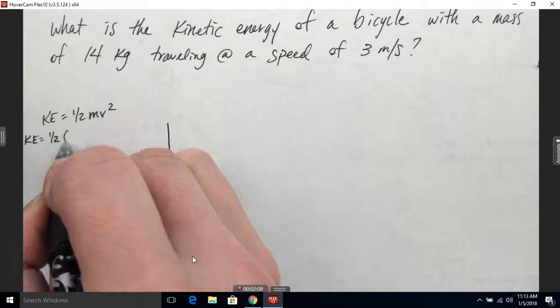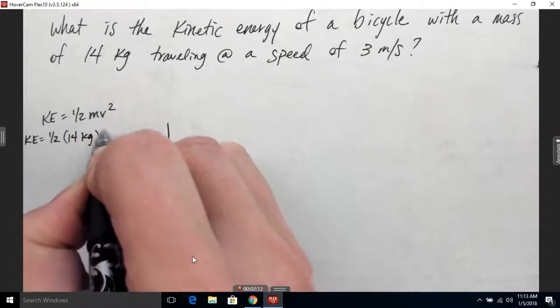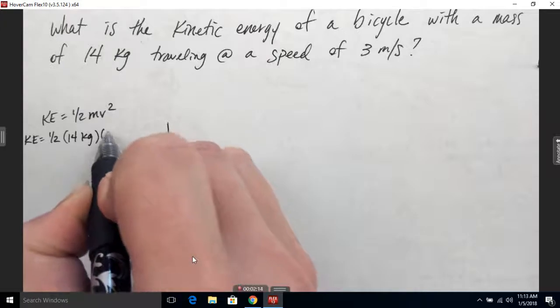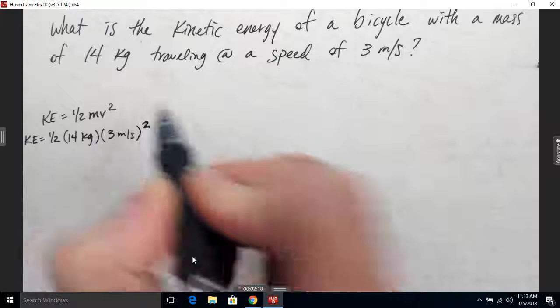Okay, so what was our mass? And what was our velocity? And then we have to carry over the little squared.